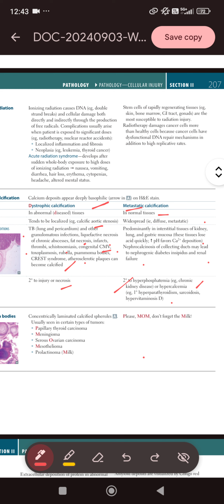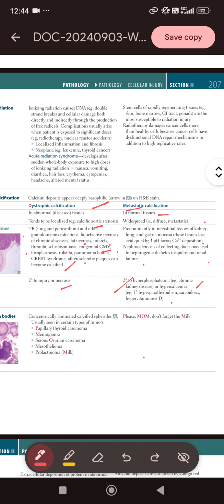In metastatic calcification the tissue is normal but the calcium level in the blood is increased, and the vice versa is present in dystrophic calcification, where calcium is normal in the blood but it is deposited in the diseased tissue. This is the difference between both of them, and we should also know the examples of it.